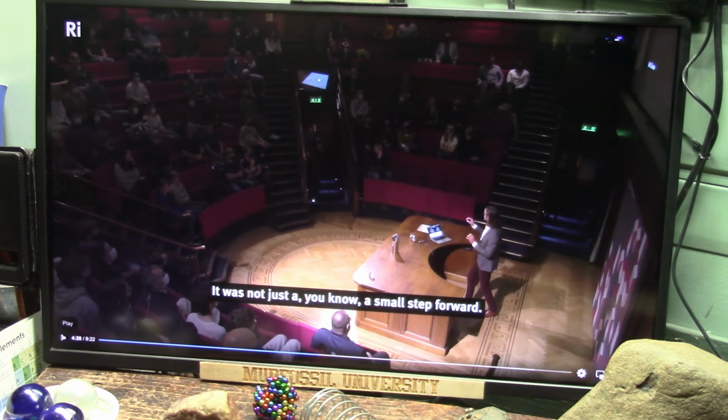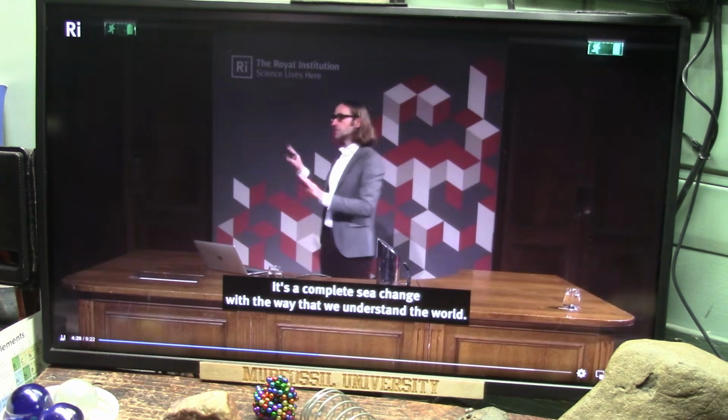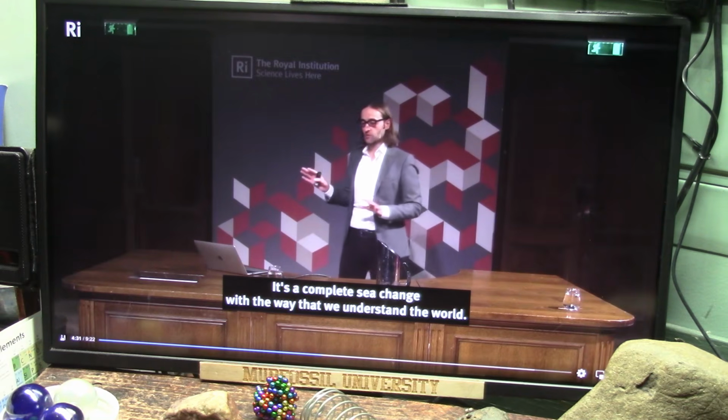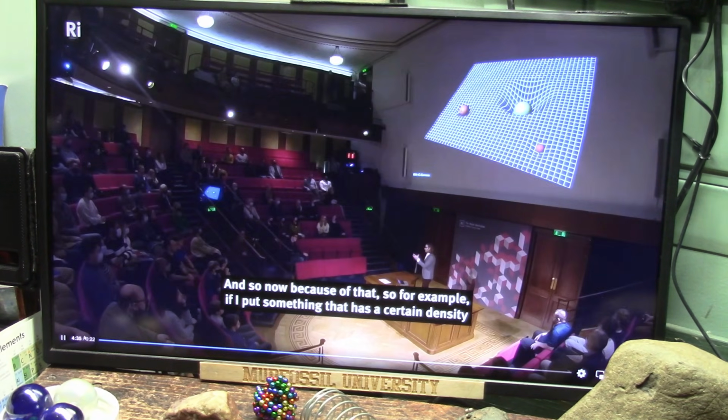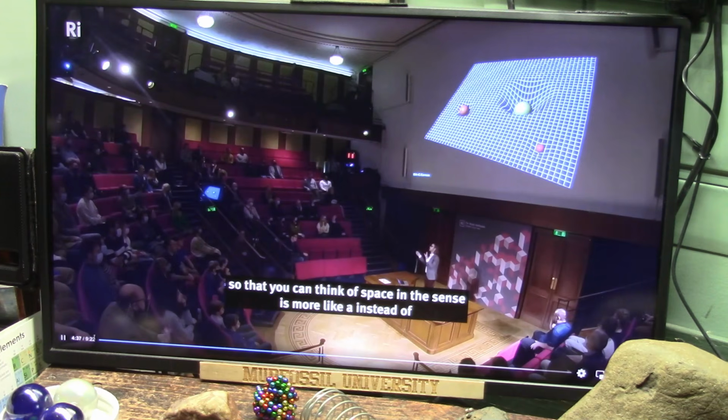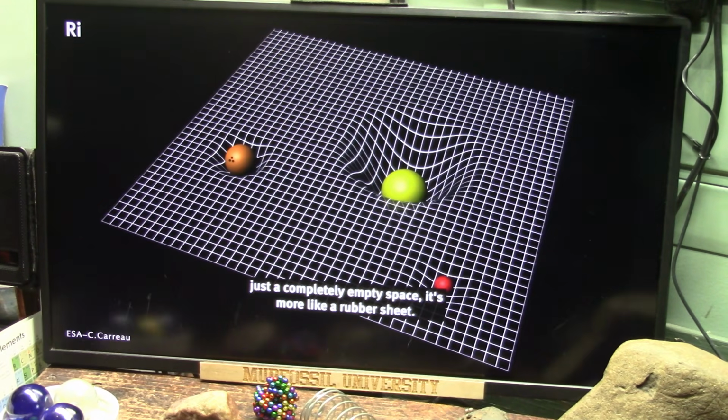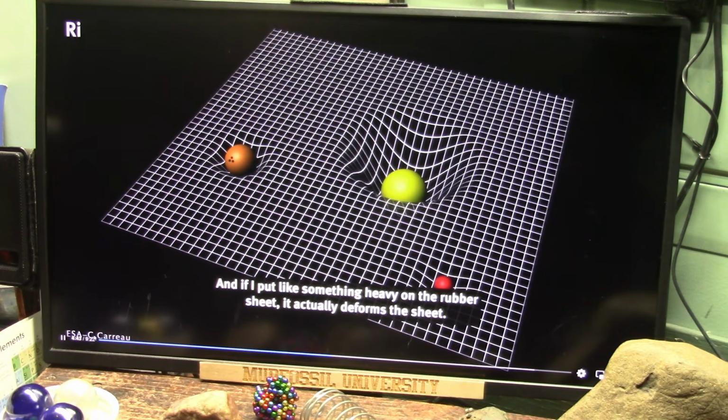Here he goes. Step forward. It's a complete sea change with the way we understand the world. For example, you can think of space in this sense as more like a rubber sheet, instead of just a completely empty space. If I put something heavy on the rubber sheet, it actually deforms the sheet.